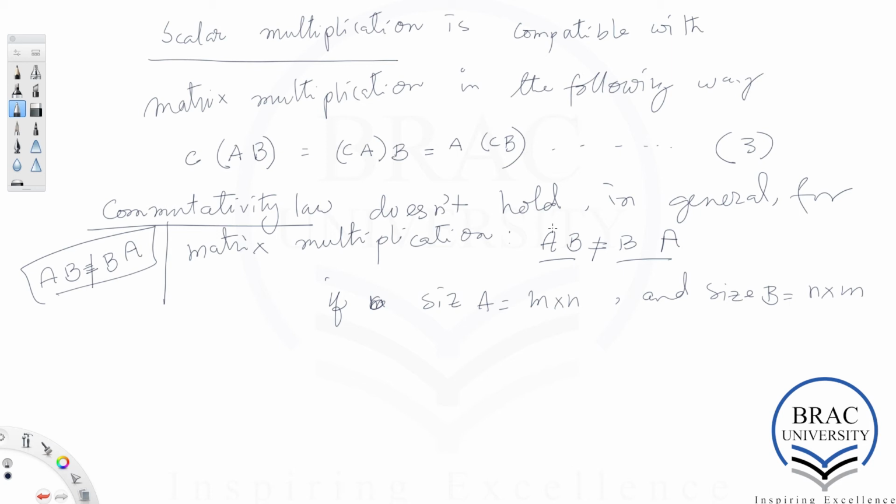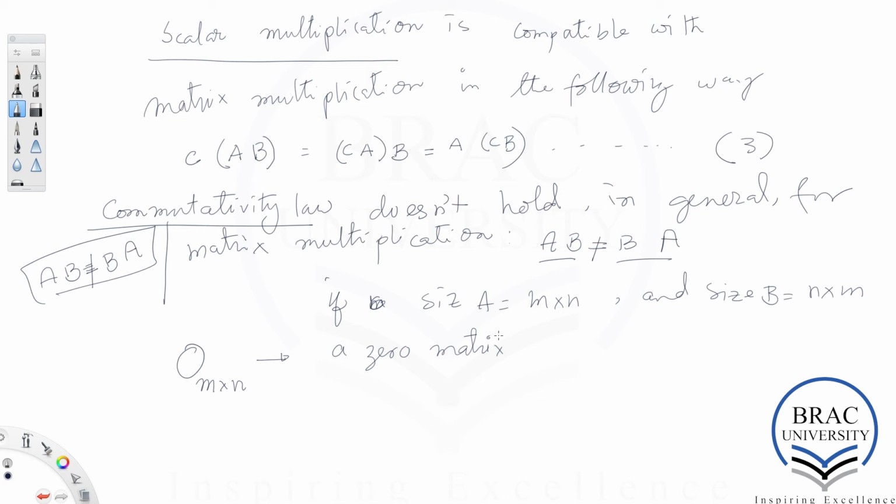Even then, we cannot talk about their equality. This is the thing. Matrix multiplication is non-commutative. Okay. All right. So 0 sub m times n denotes a zero matrix. By zero matrix, we mean that all the entries of this matrix are 0.